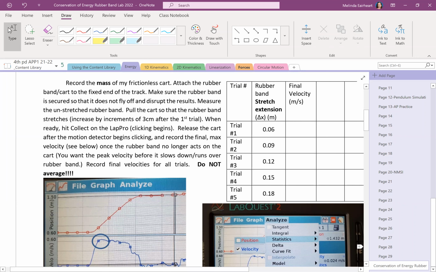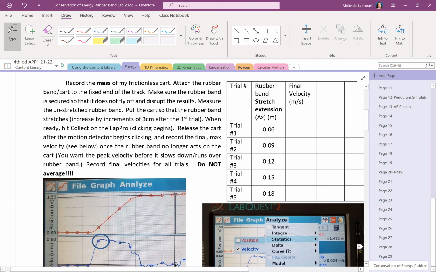And then for velocity, let me walk over here to the setup. You've got a fixed end, okay? And the rubber band should be attached so that it doesn't slip off, but you've got a fixed end, and then the rubber band kind of lays on the track. You want to find the happy place of your system.